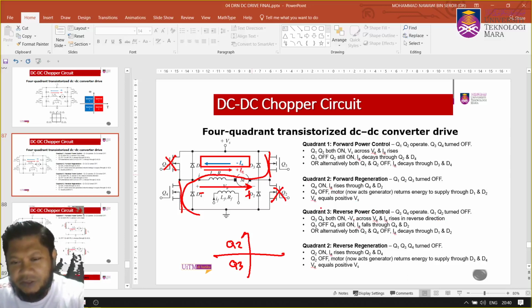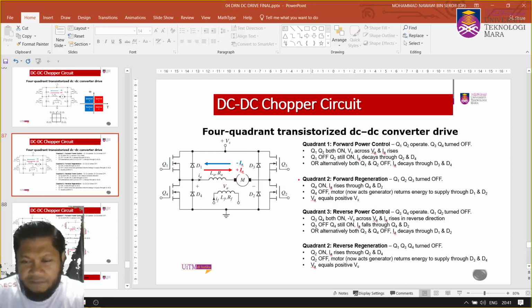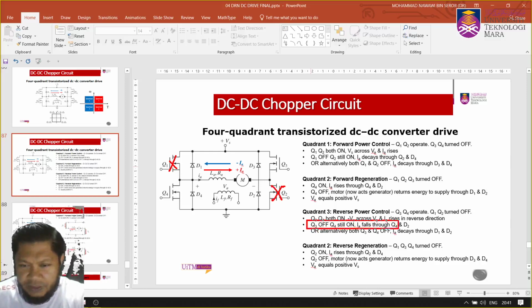And next, you're going to have the state of Q3 off. Q1, Q2 completely off. Then you have Q3 off, Q4 still on. So the current still flows in that direction.